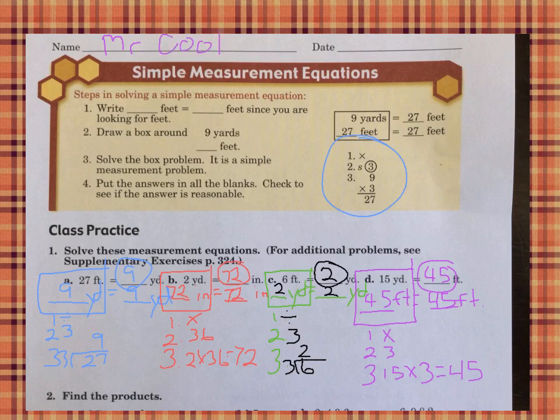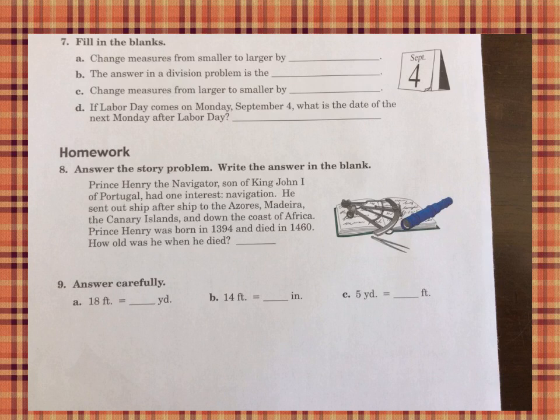Okay, next one. We're actually going to turn around to the back side of the paper. Let's look at 7 there. It says change measures from smaller to larger by, so if we go smaller to larger, what do we do? We're dividing.